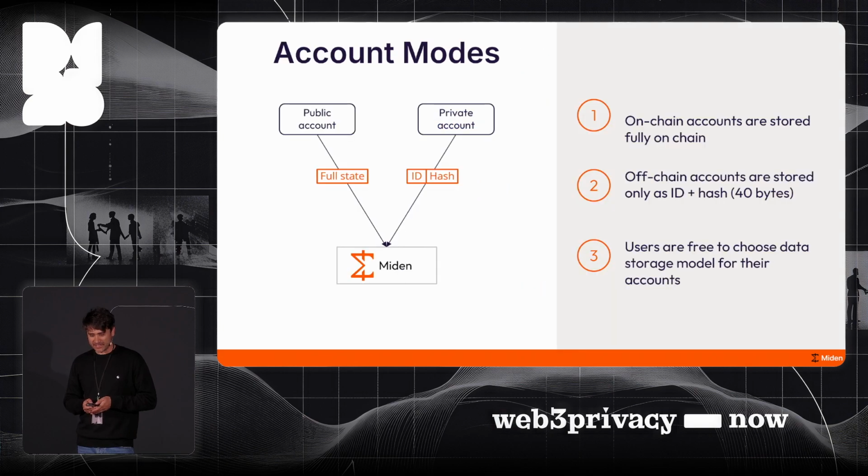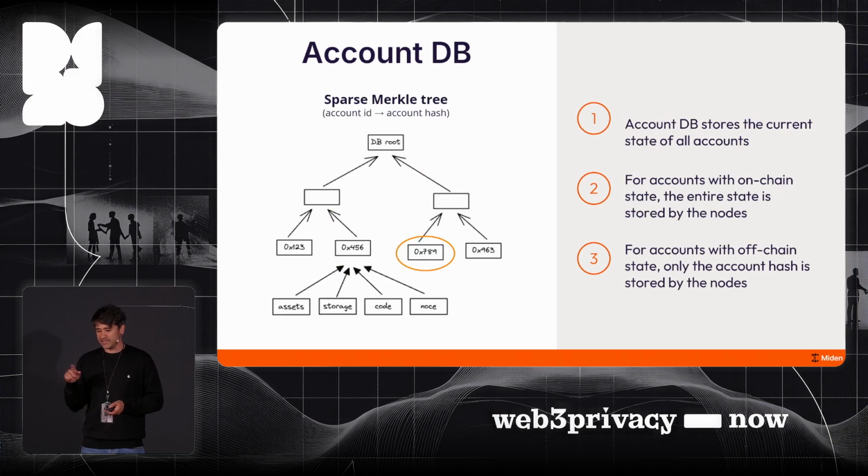And this concept is from Zcash, with this nullifier. But the accounts can be stored publicly, so with the full code on chain, or privately. And then all the network knows is basically this hash. So the account with the orange circle here is just a commitment to the state of the account.